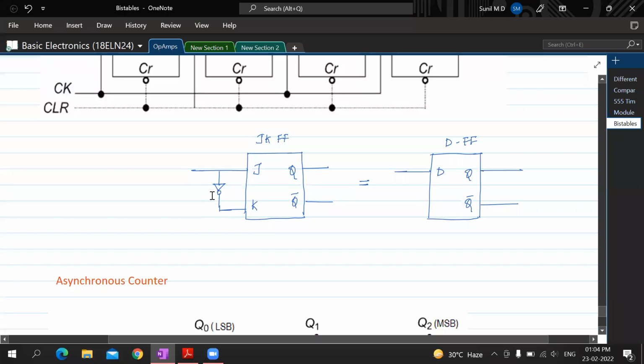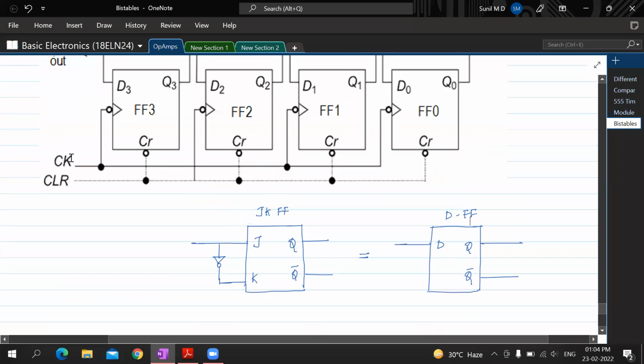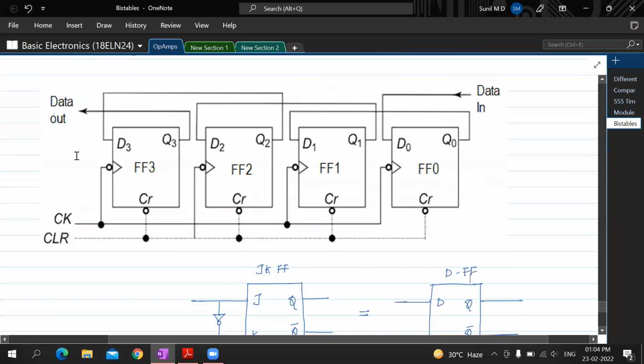We do not have to use this inverter. That's something additional that you have to use in JK flip-flop, whereas that can be avoided in D flip-flop because there is just one input. Get that point? So here you have to deal with two inputs, J and K, whereas here you need to deal with just one input, that's D, other than this clock. Is that okay with you?